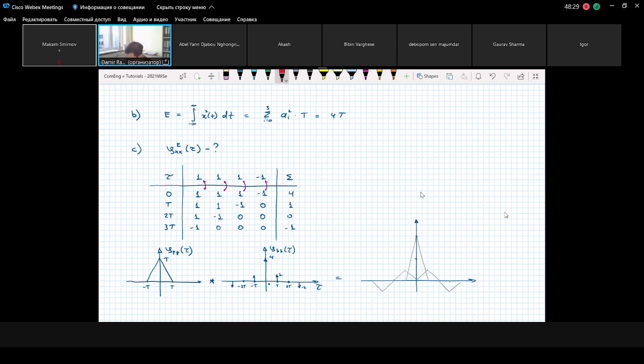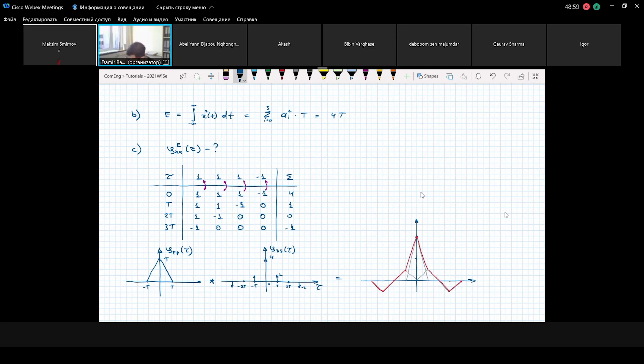As we are working with linear functions, it's very easy to calculate if you just connect points for all triangles. So we have the following behavior for our resulting autocorrelation function.